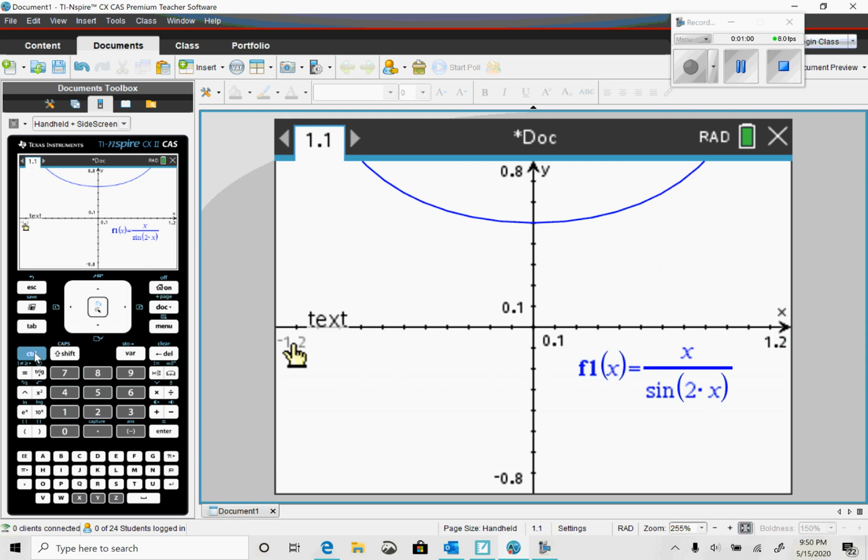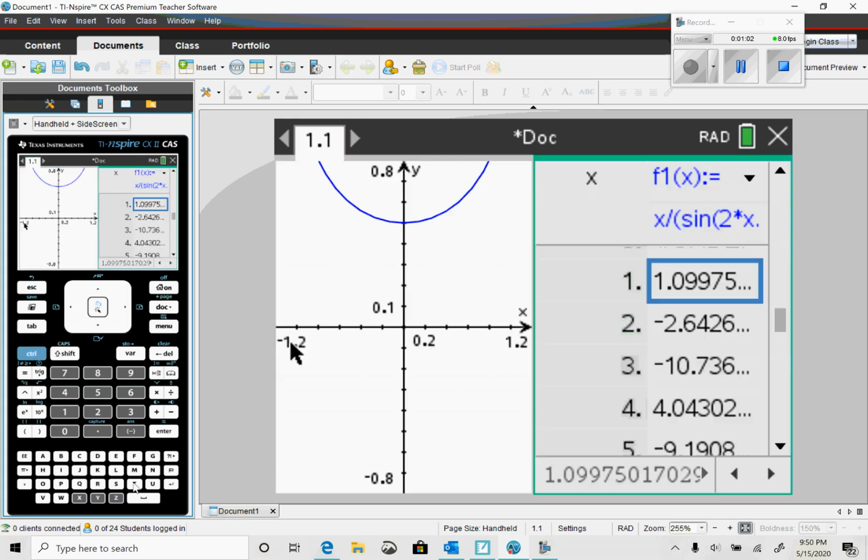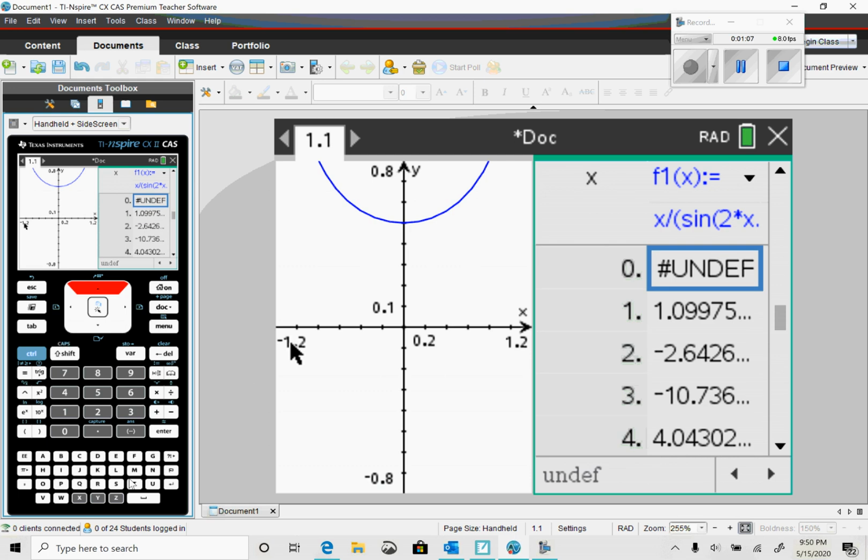So we could go to, say, a table of values. Oh, wait, at 0, it's undefined? What's going on there?